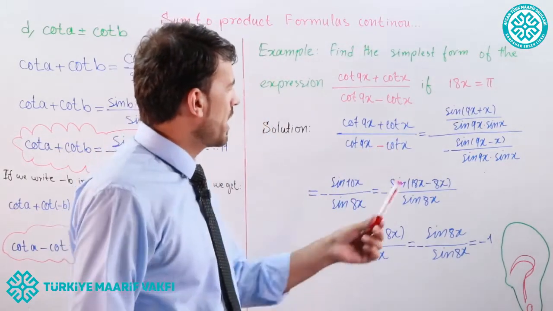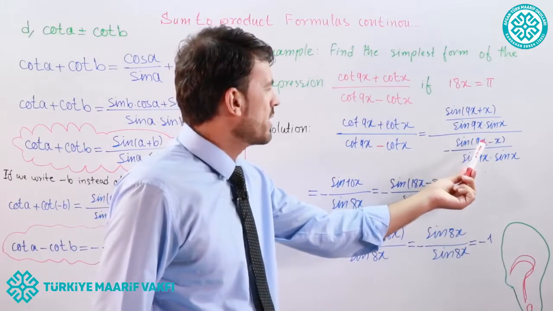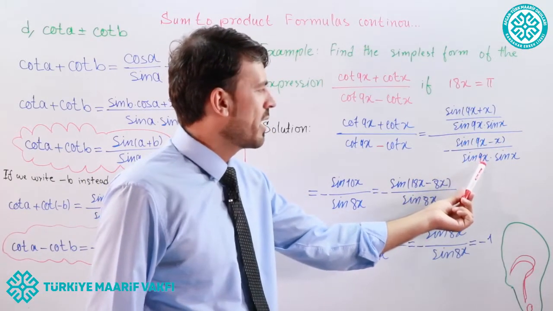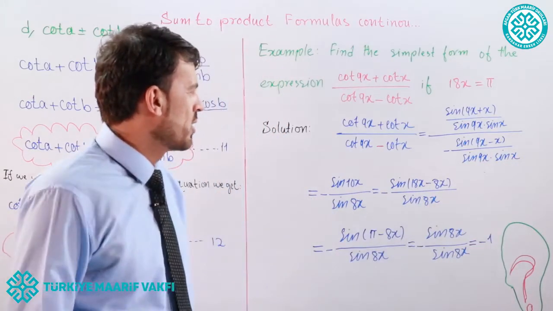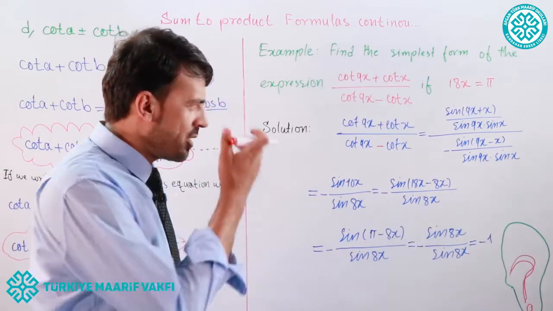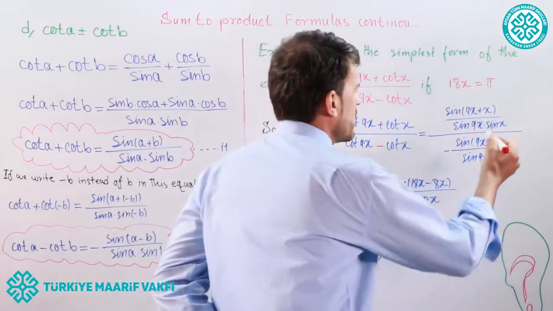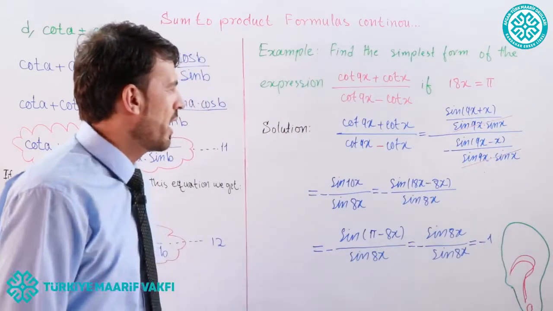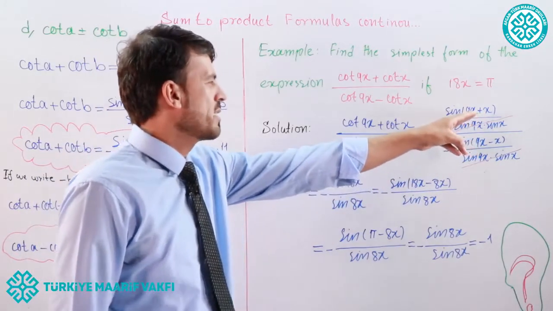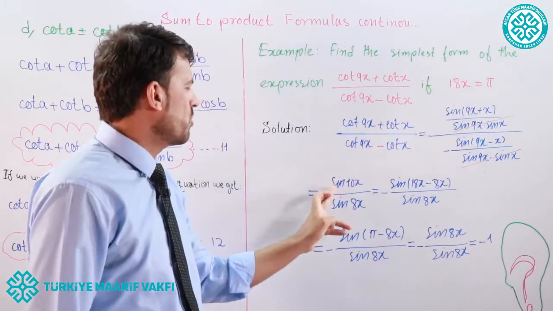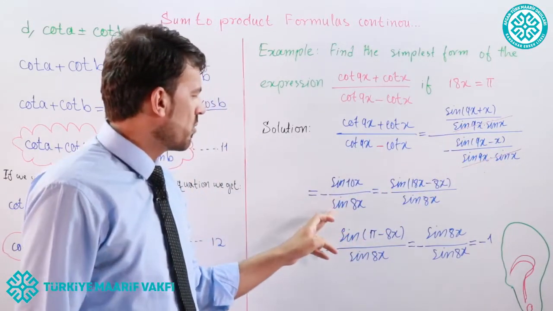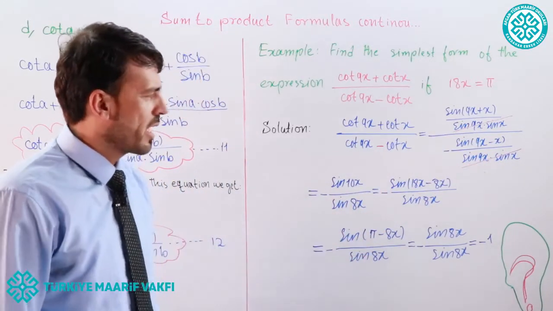In the denominator we have sine 9x minus x over sine 9x sine x. So these two terms are equal to each other and will be cancelled with each other, and sine 9x plus x is equal to sine 10x, and sine 9x minus x is equal to sine 8x.